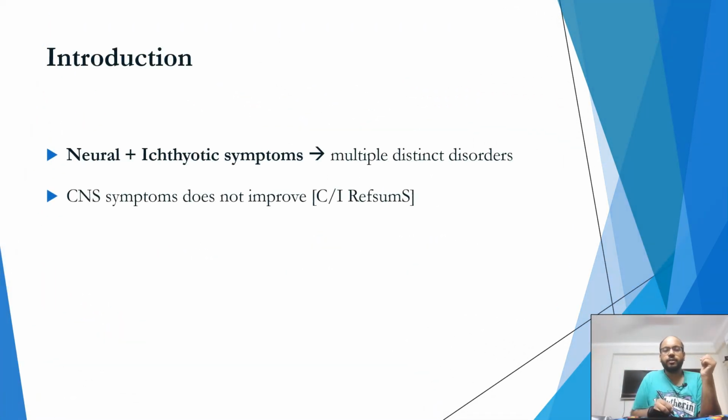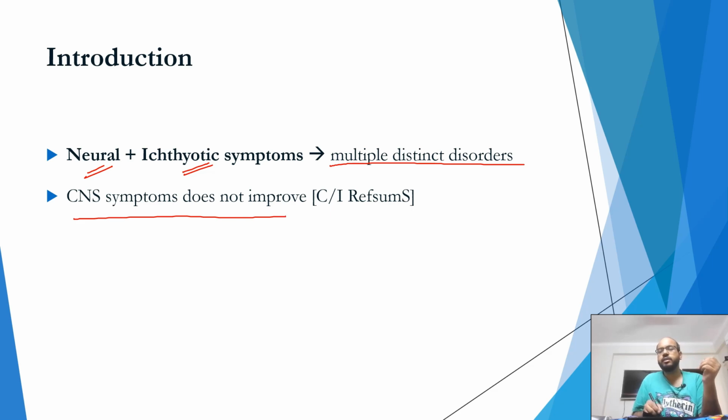Now, in neuro-ichthyotic syndromes, you have neural symptoms and ichthyotic symptoms. It's a group of multiple distinct disorders, that means multiple different kinds of syndromes which have been clubbed together. The common thread that ties all these syndromes together is involvement of the brain, CNS, and you have ichthyosis. The CNS symptoms do not improve with age.